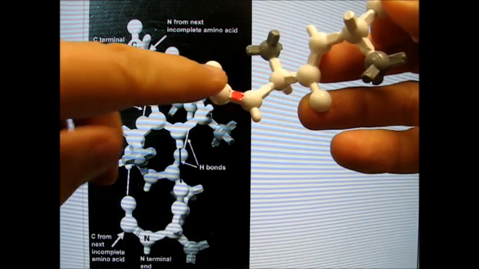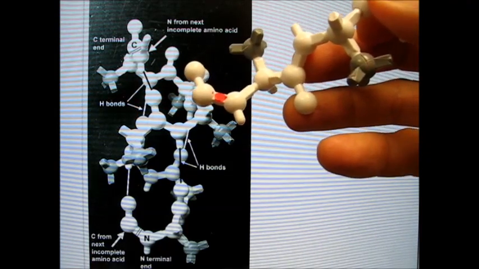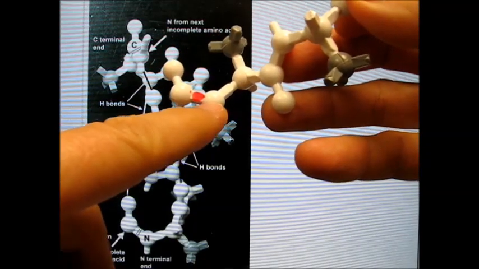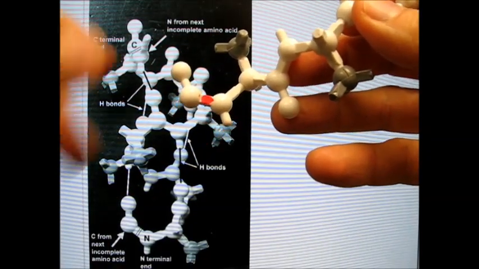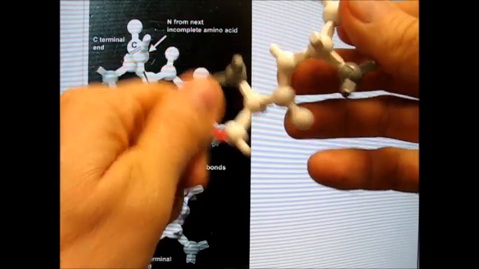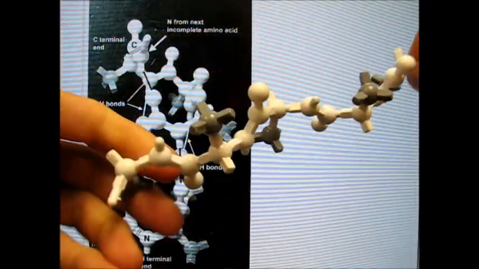So this little carboxyl carbon that's sticking out beyond that is an incomplete part of some other amino acid. So this nitrogen here is the actual end of the polypeptide chain, and we're going to pretend that this part doesn't exist here. So that's the N-terminus, and that's what we want to have at the bottom.